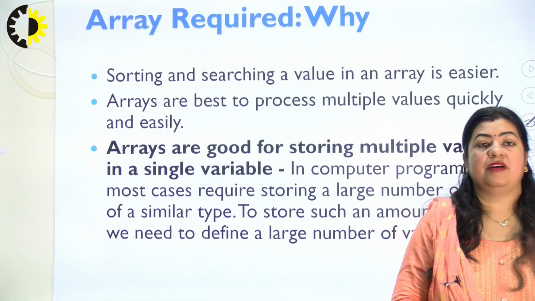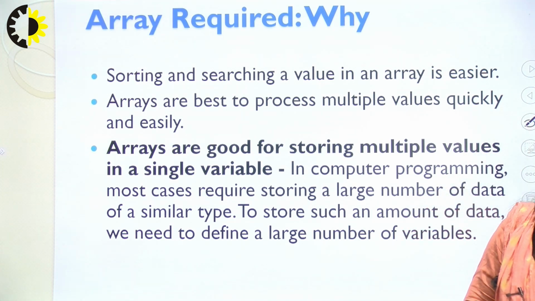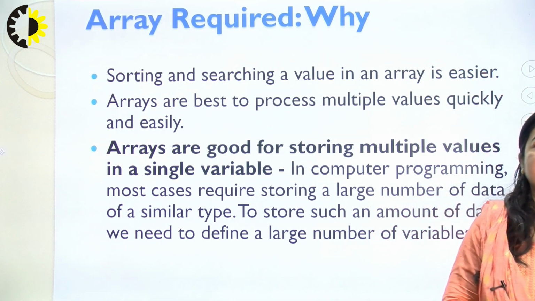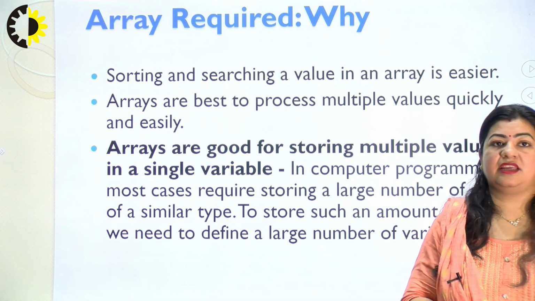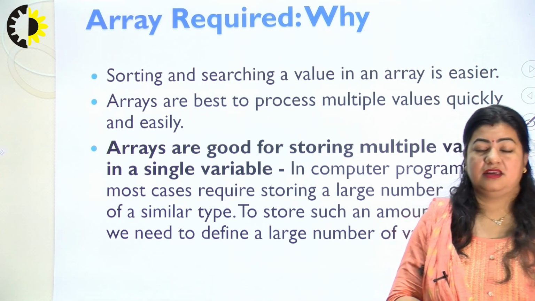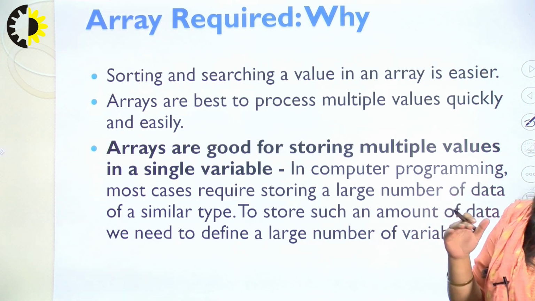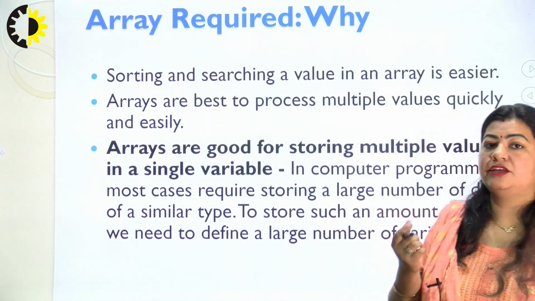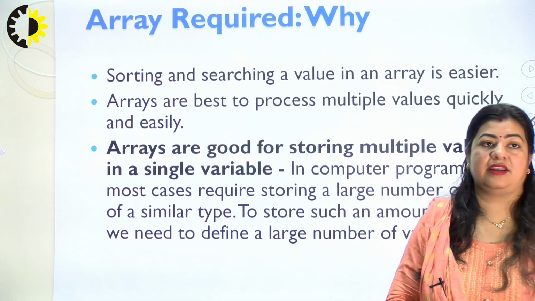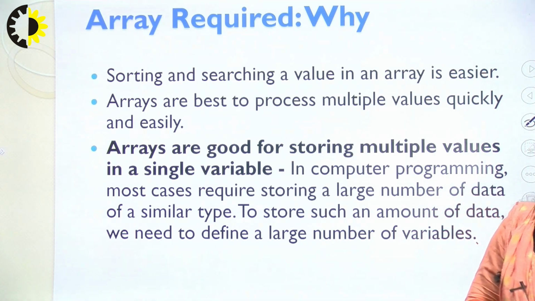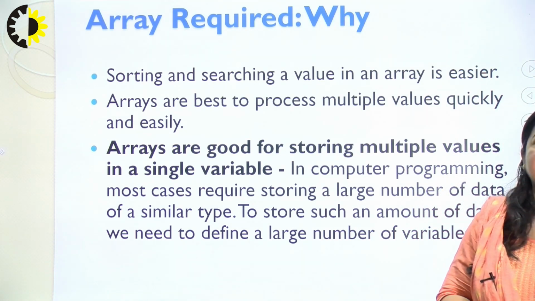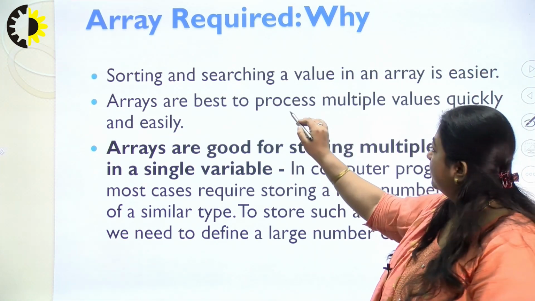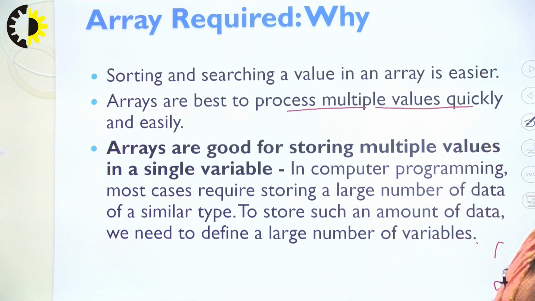Why are arrays required? Sorting and searching in an array is easier. When we use an array for sorting and searching, we can easily search the elements and easily sort the elements with the help of the array. Arrays are the best to process multiple values quickly and easily.